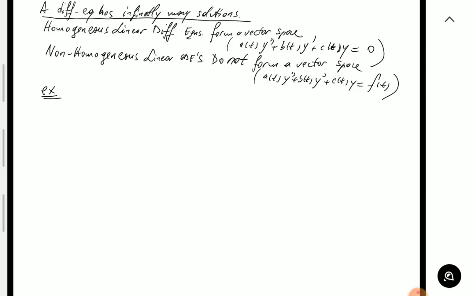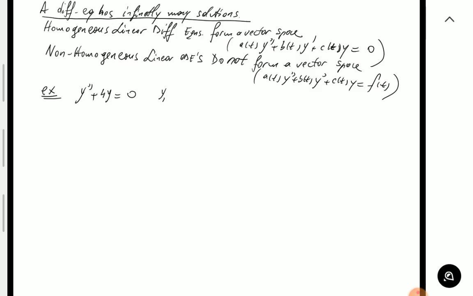All right, so let's say you have, for instance, y double prime plus 4y equals 0. I can give you the two solutions in a moment. You're going to learn how to solve this, or probably you learned this already.